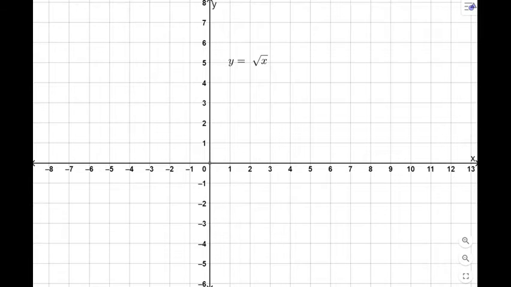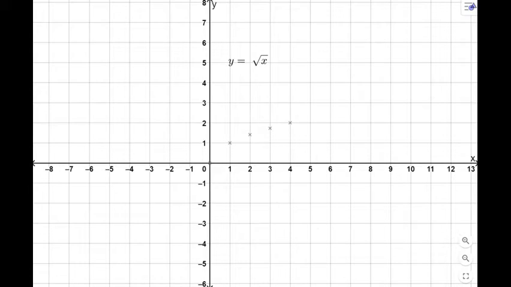Square root of 1 is 1. Substitute in the square root of 2, we'll get a value of approximately 1.4. Work out the square root of 3, we'll get a value of about 1.73. Square root of 4 is 2.